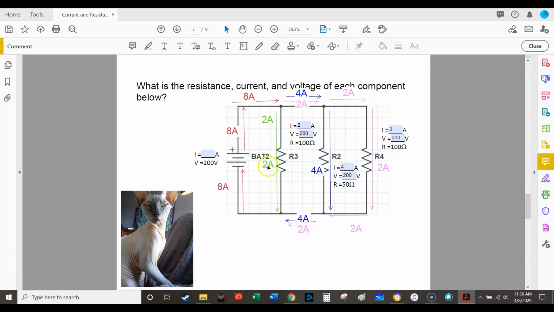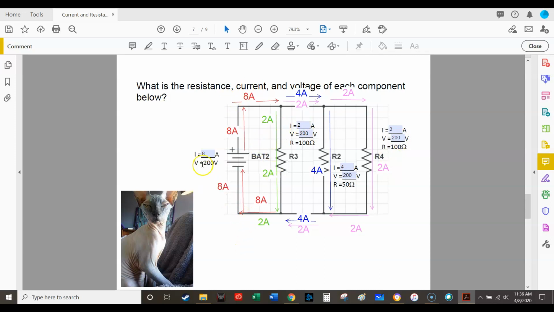And they're going to then be combining with the 2 amps that's going through R3 and getting the 8 amps again. That's going back into the battery. And so what does that mean? That means this is 8 amps. Okay? So that's how I track the current going through this.